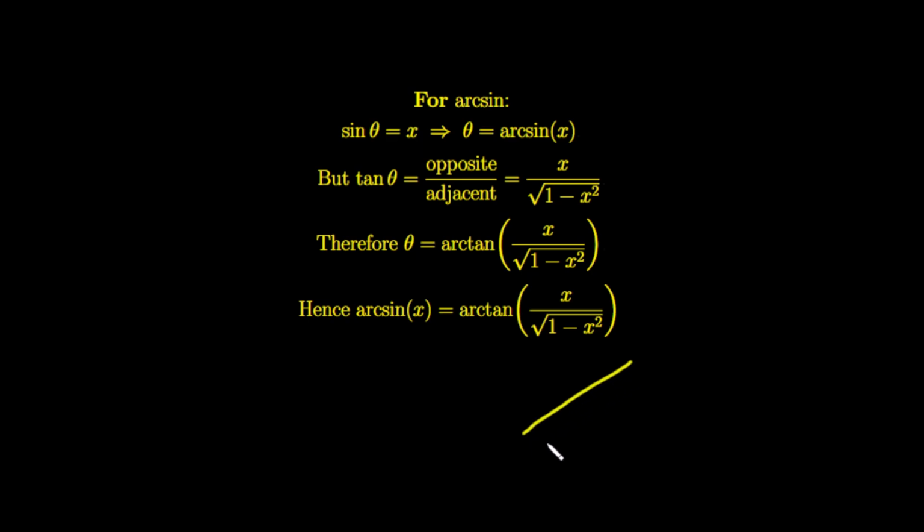So if we had the triangle and we had the opposite, which is just the length x, and we had the hypotenuse, then the sine of this angle is the opposite over hypotenuse, which is just going to be equal to the length x upon the length 1, which is just the value of x. So in order to find the theta, we use the arcsine of x. So we can say theta is arcsine of the length x.